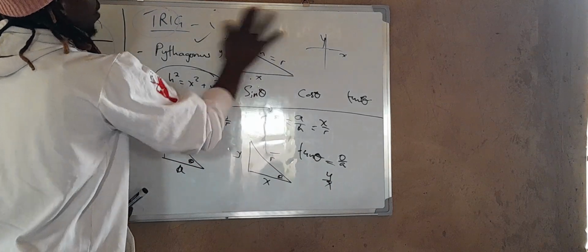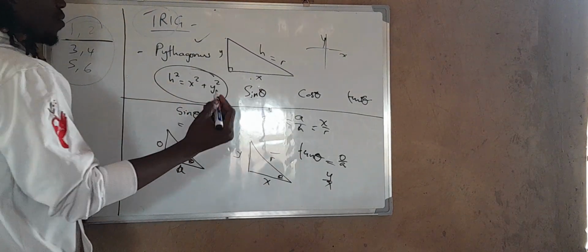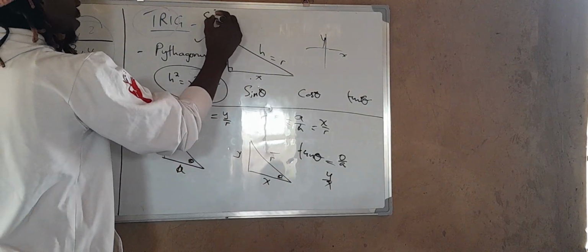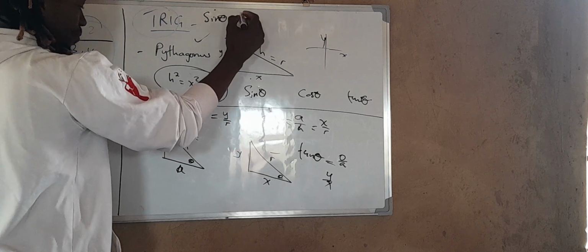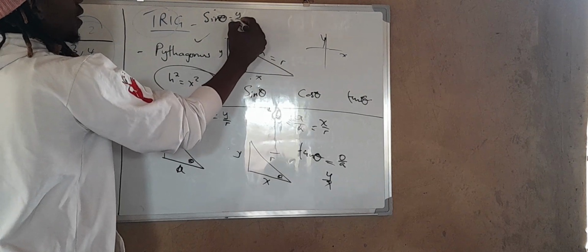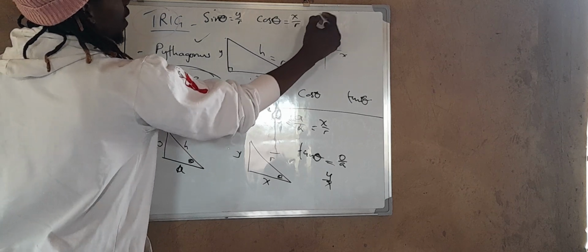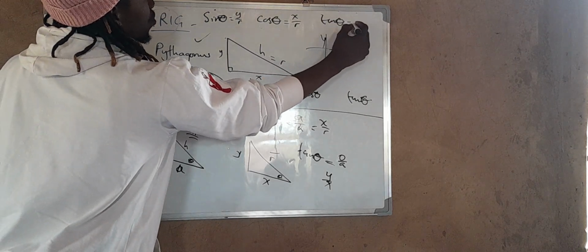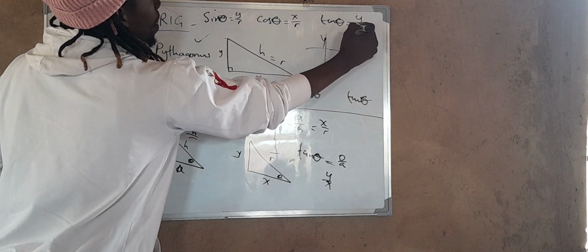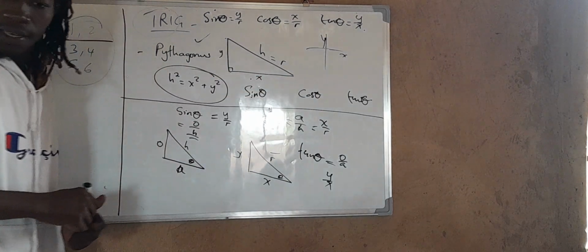So let me just write them here in terms of x and y so that they don't skip us, right? So it says sin theta is equal to y over r, and cos of theta is equal to x over r. And then we said our tan theta is equal to y over x, right?